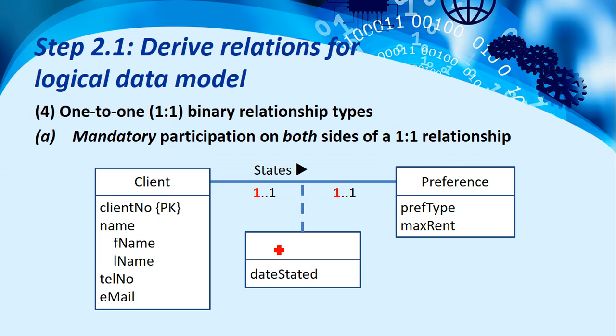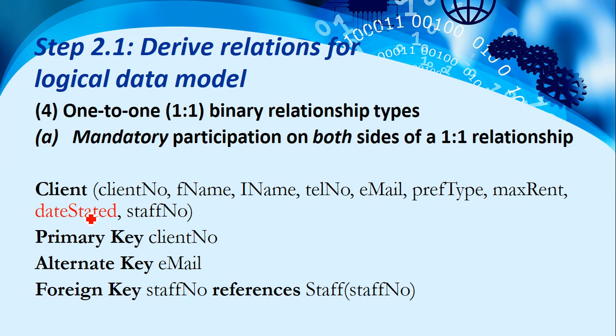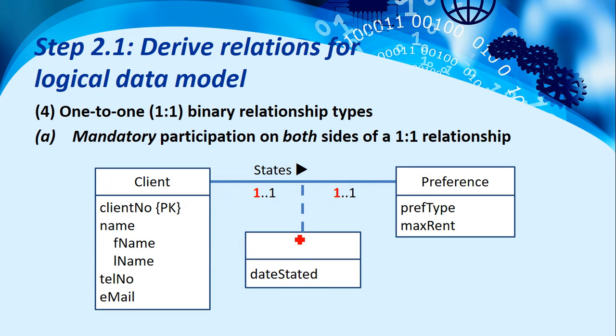This time we have the attribute date stated for this states relationship. Let's put it here in what we combined. Again, date stated, where did this come from? It came from this one, there.